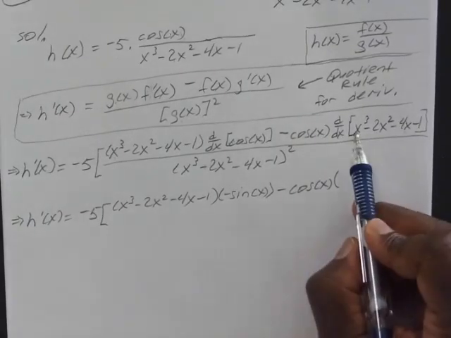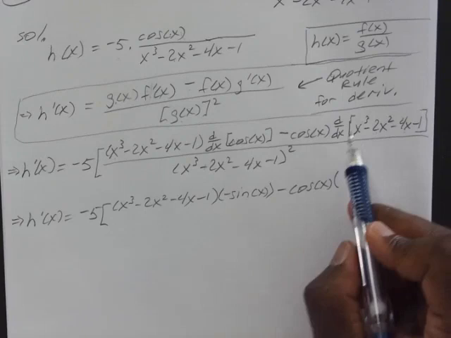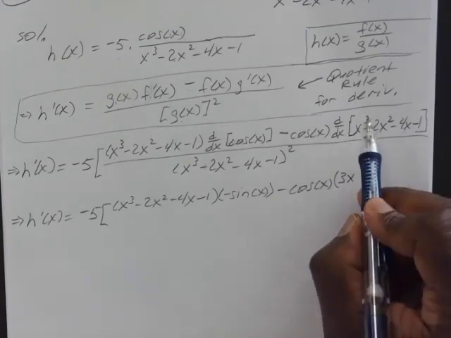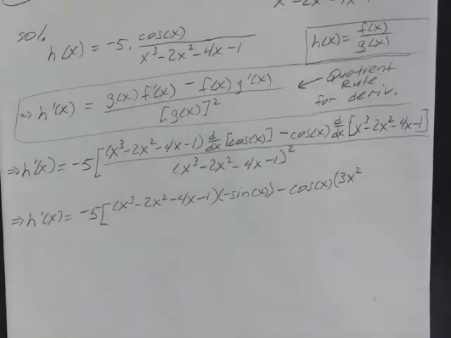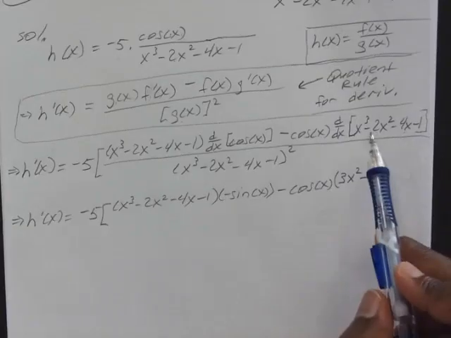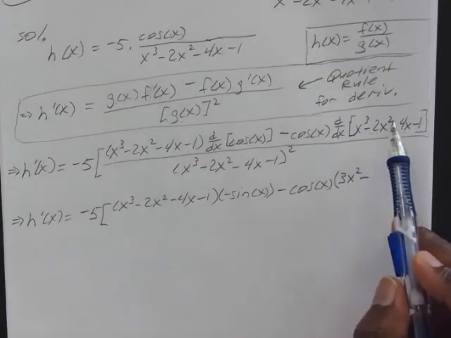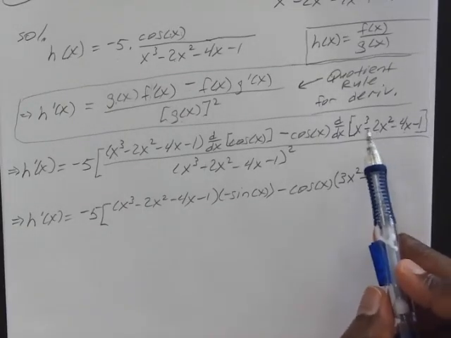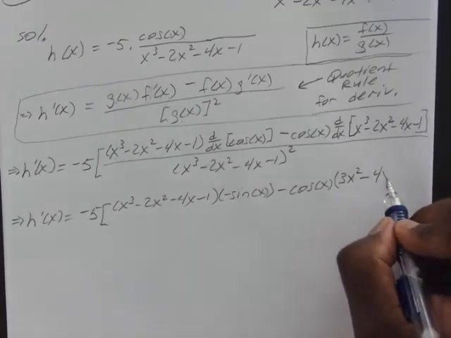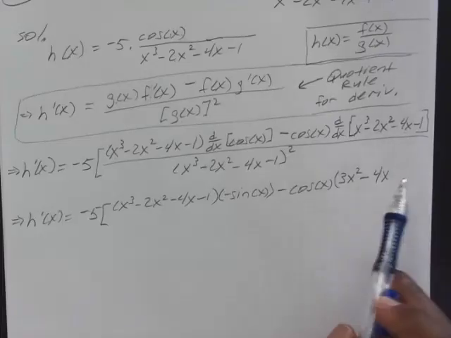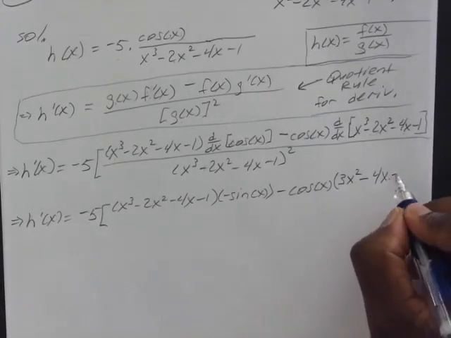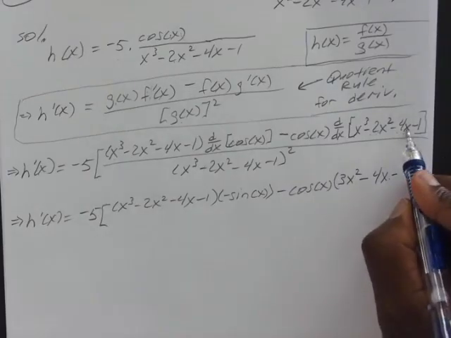So the derivative of x to the third power, we bring down the 3, times x to the power of 3 minus 1, so that's 3x squared, minus the derivative of 2x squared, so we bring down the 2, so that -2 times 2 is -4, times x to the power of 2 minus 1, which is just the first power, so we can leave that, minus 4 times the derivative of x.